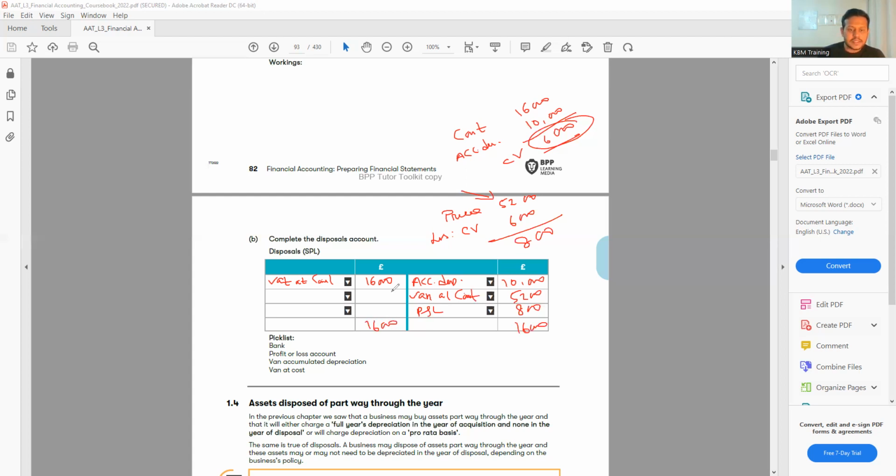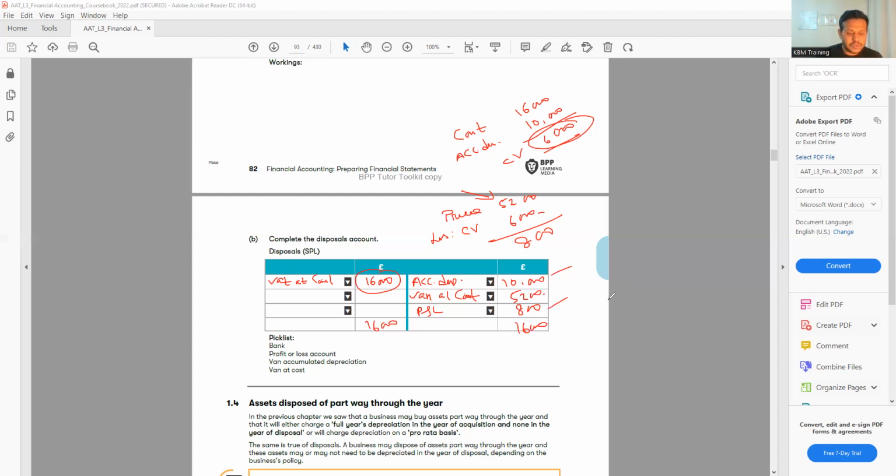The asset we had was 16,000, we sold it, and the depreciation was 10,000. So asset value was 6,000, but we sold it for only 5,200, and we have a loss of 800 by selling this one. Remember that it will be in the exam how to remove the non-current asset. So make sure you memorize all the journals, and how to record in the ledger account is very important.